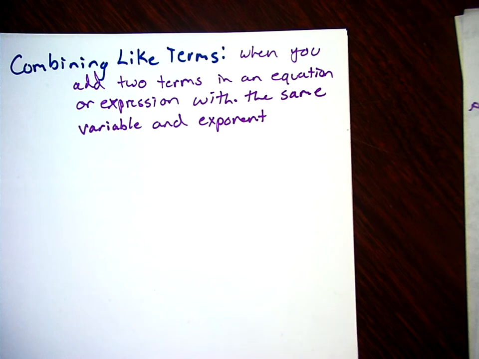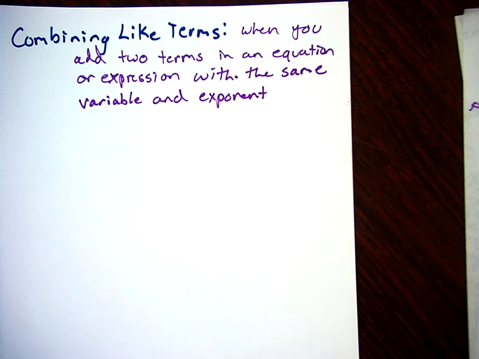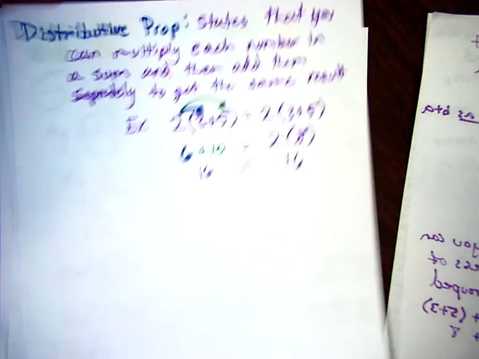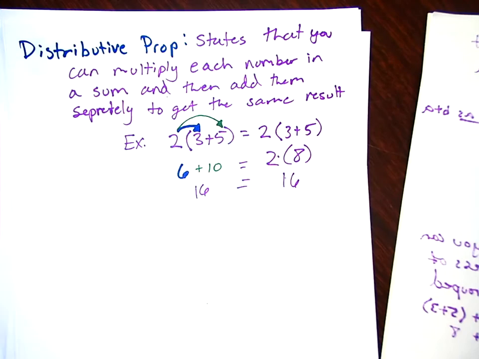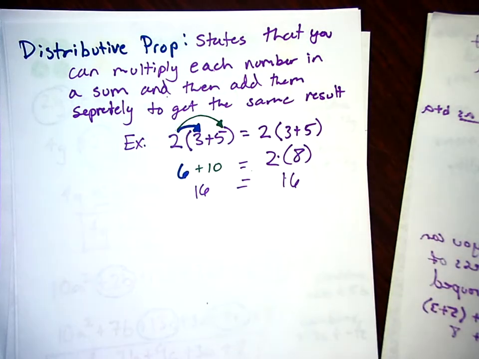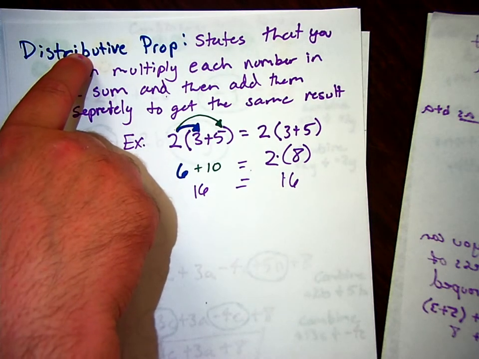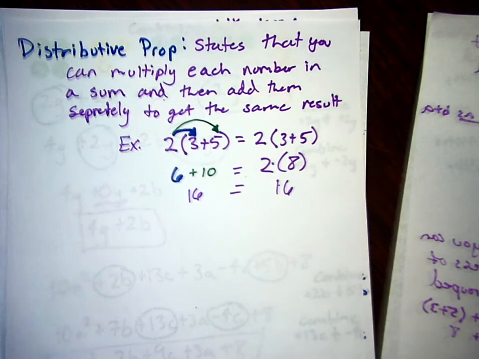So earlier in this video, we looked at the distributive property. Okay, let's pull it up just to refresh ourselves. Here's the distributive property. Okay, but in here, everything is numbers. We want to use this distributive property in expressions with a variable. Okay, and so that's what we're going to look at next.